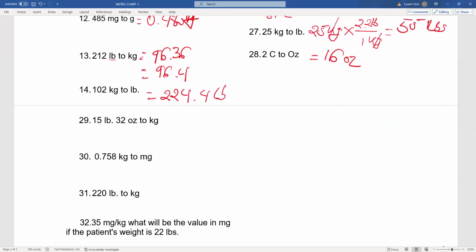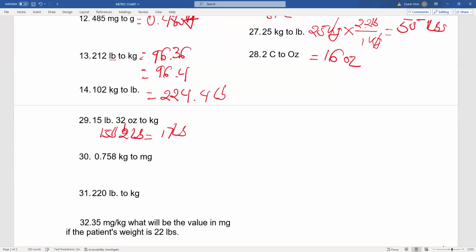Let's look at number 29. We're almost there. 15 pounds and 32 ounces to kilogram. All right. So we got to convert this one here to pounds. So what do you know? You know 1 ounce equals what? You got to divide by 16, correct, right? Because 1 pound equals 16 ounces. So from ounces back to pounds, you divide by 16. So when I divide the 32 ounces by 16, I'm going to have 2 pounds. Here I got 15 pounds. So together, now I have what?